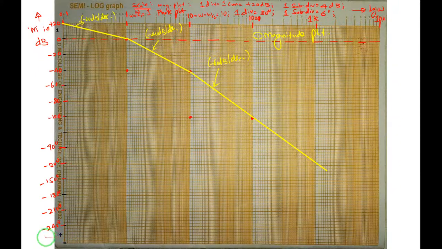I cannot write it here, so let me write it here only. Minus 270. Actually people should write here, but I'm writing here because this is not permitting me. Phase phi in degrees. This is the y-axis. The x-axis scale is log of omega. We have written it here, right?